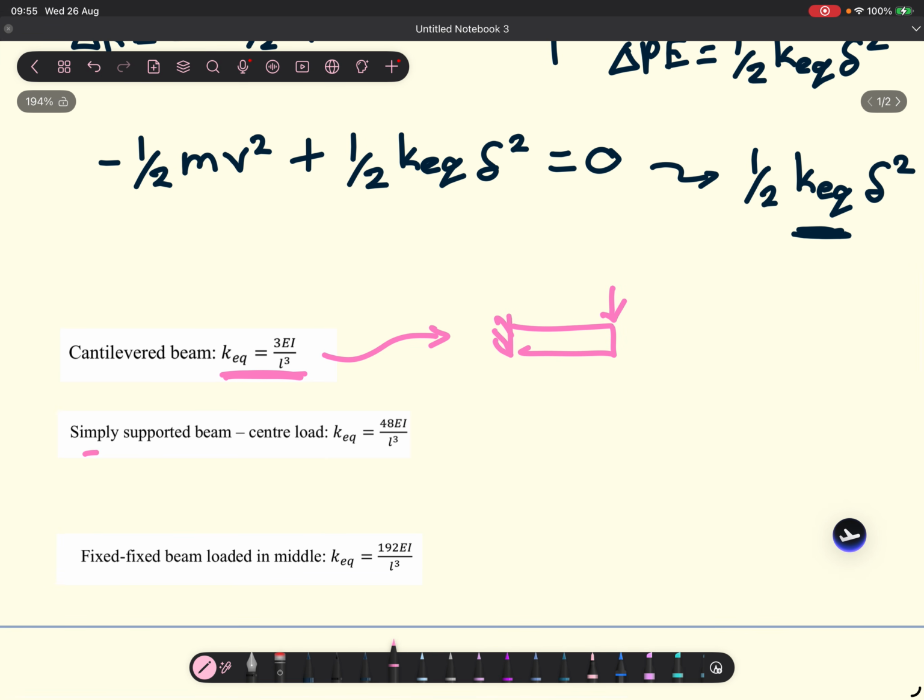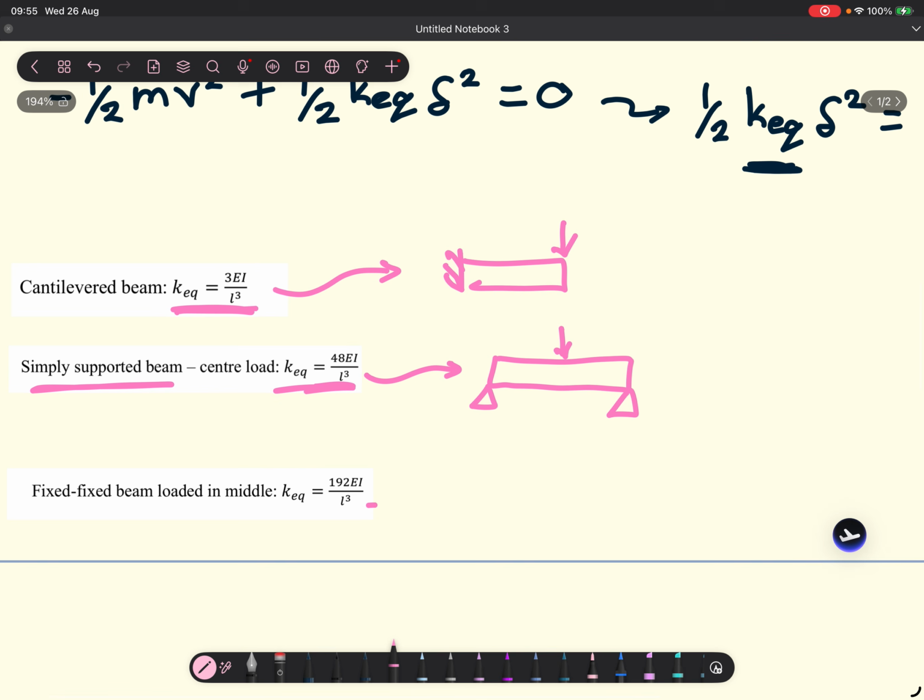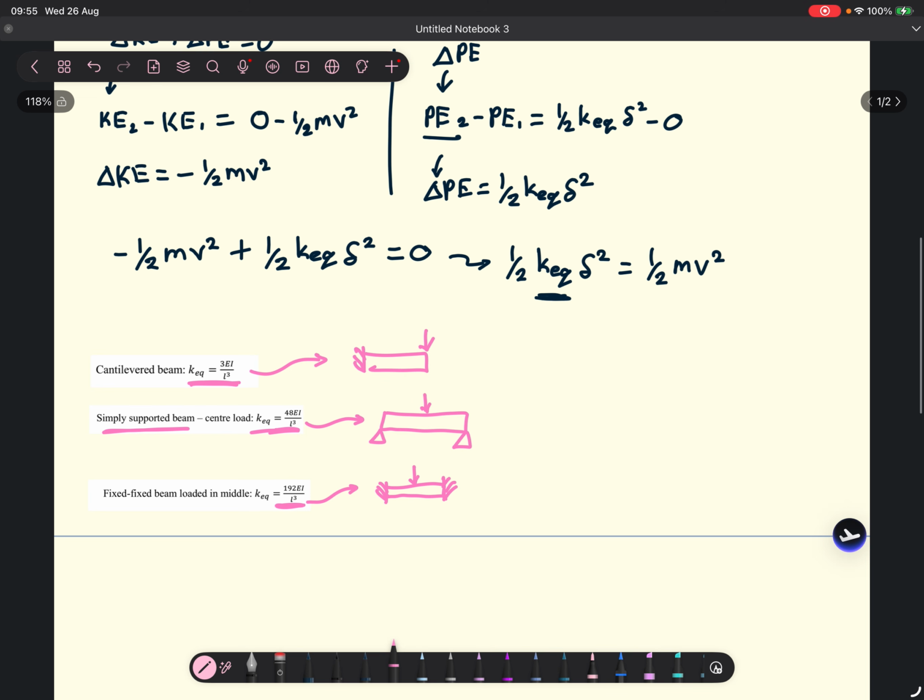And if you have a simply supported beam with the center load, this will be your K equivalent. And if you have a fixed beam, fixed at both ends with the load in the middle, then this will be your K equivalent. So the K equivalent for this problem is going to be this value here.